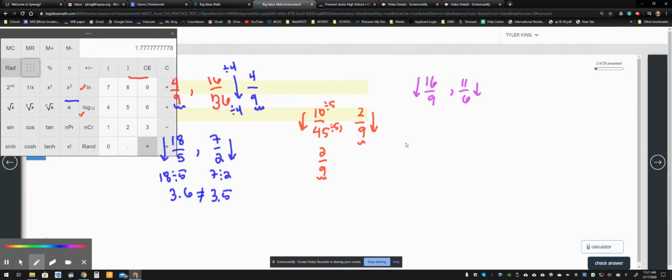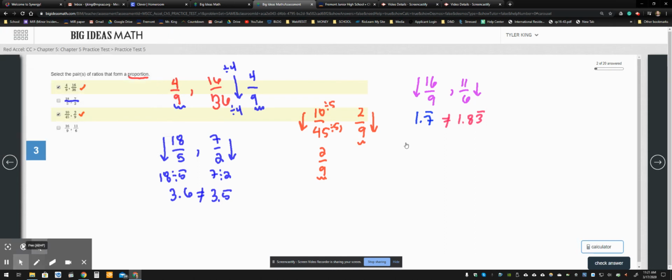And for my other one here, 11 divided by 6, we're going to see it's 1.8, and then 3 is going to repeat. Because these things are not equal to each other, they are not going to be proportional, they are not going to have the same ratio as each other. So we're going to say, no, this one is not going to work out for us.